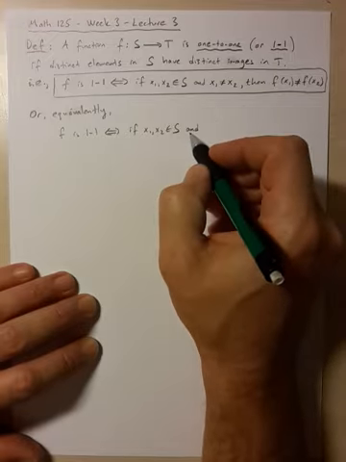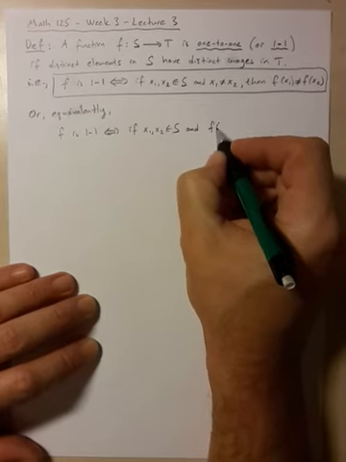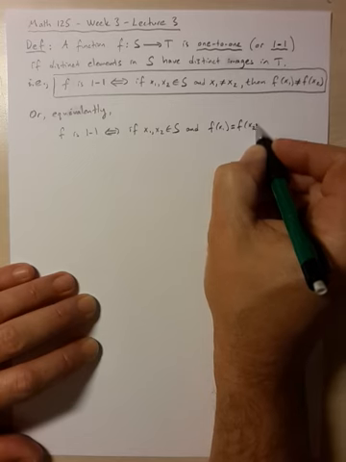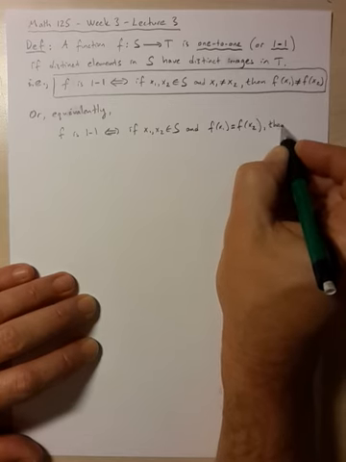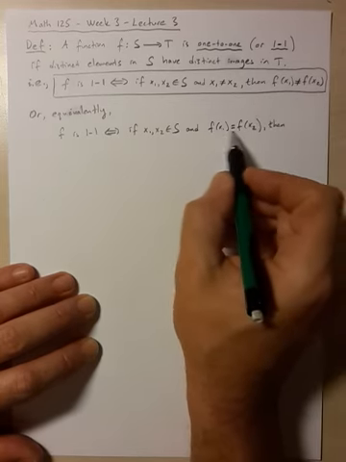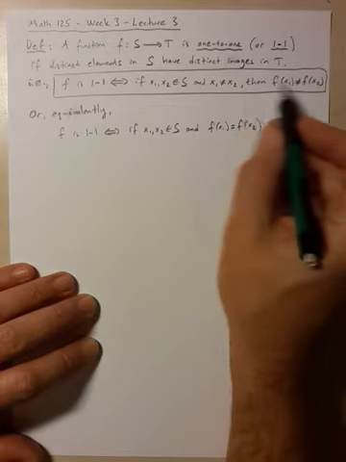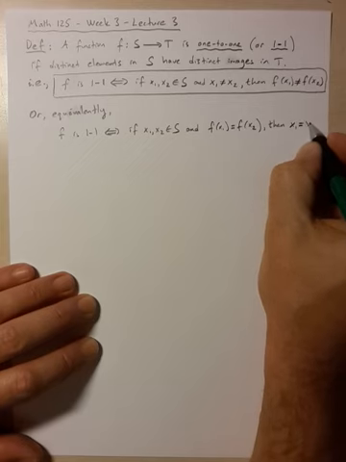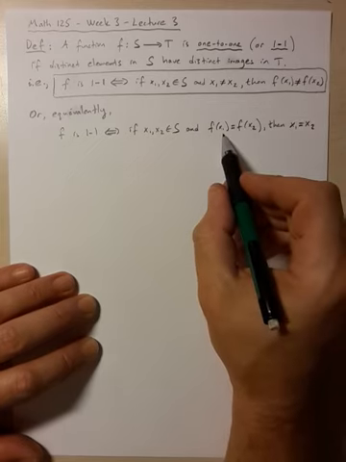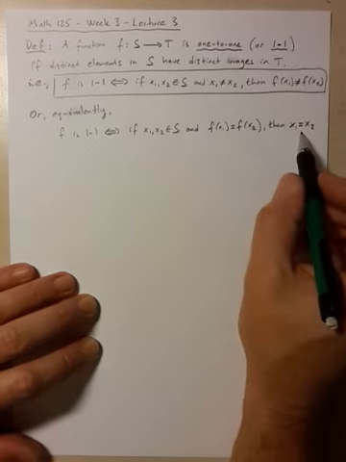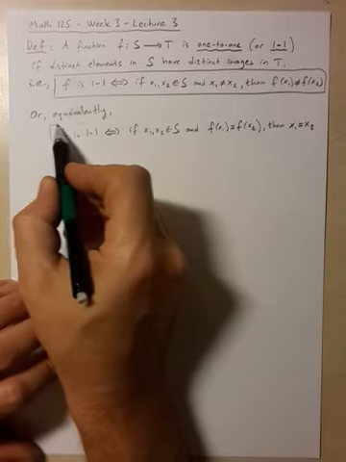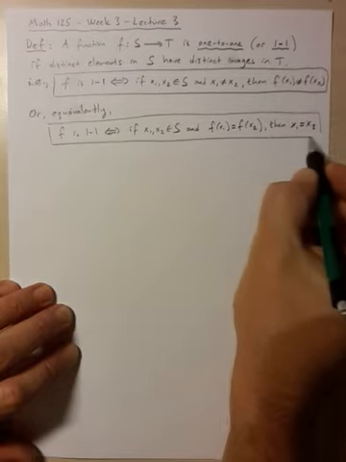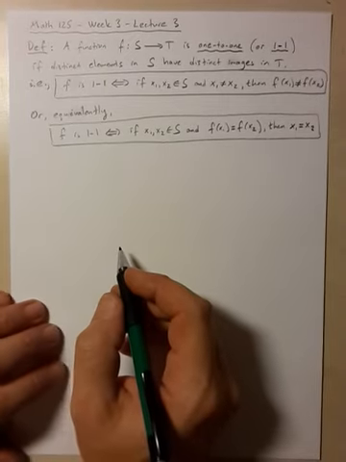Whenever x1, x2 in S and f of x1 is equal to f of x2, then x1 equals x2. If two elements have the same images, then they must be the same. This is an equivalent way of describing a one-to-one function.